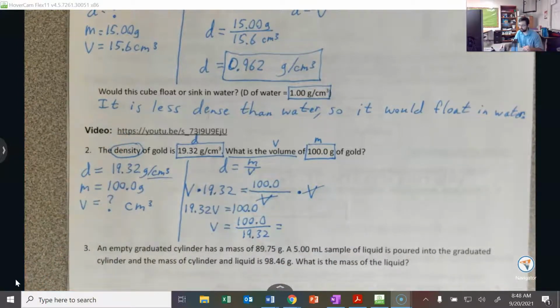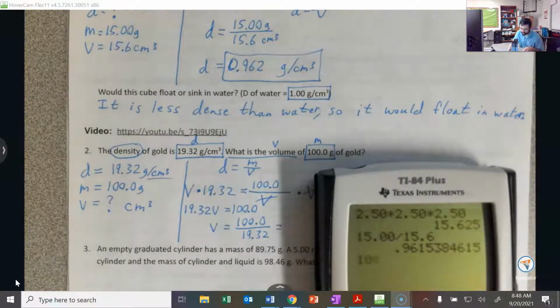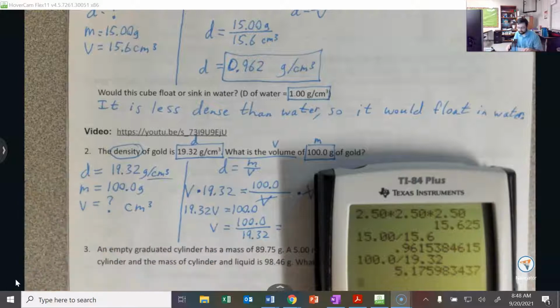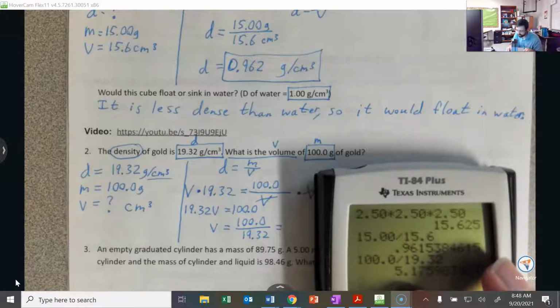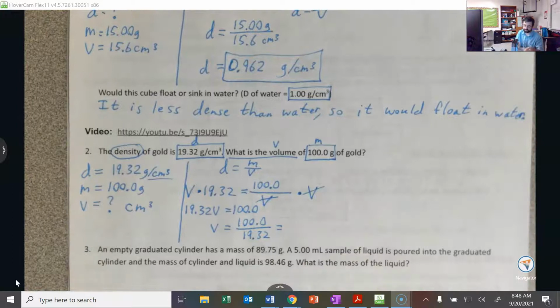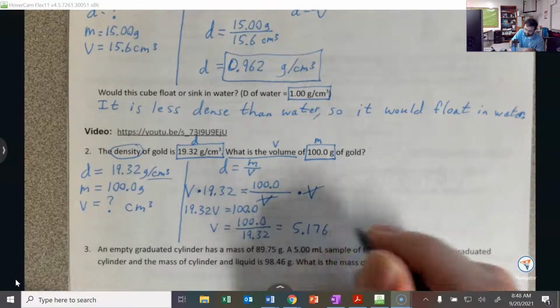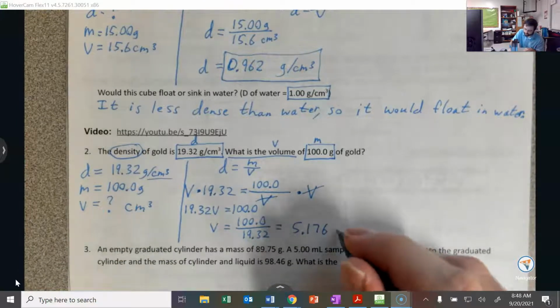And then in your calculator, you can put that in. I get 5.175 and so on. I just want 4 significant figures, so that's 5.176 centimeters cubed.